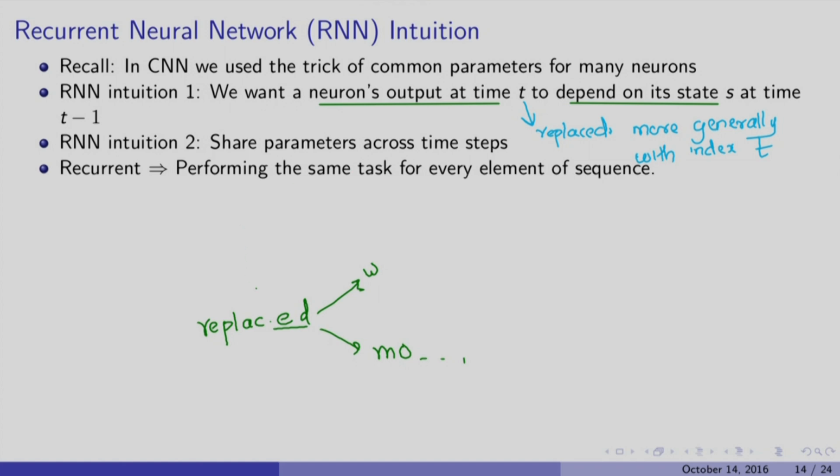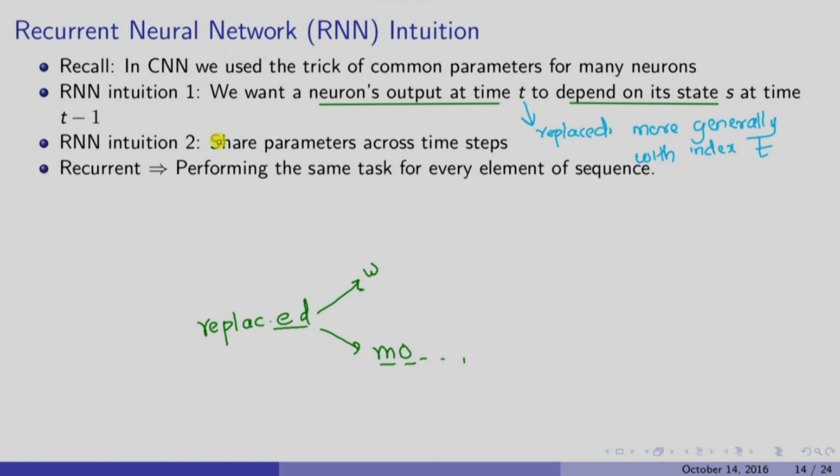The other point that we realize in this example is that the model that was used to predict an E or a D should not be drastically different from the model that was used to predict an O when you see an M. So the second point here is we would like the same model to recur, the same parameters to be reused.